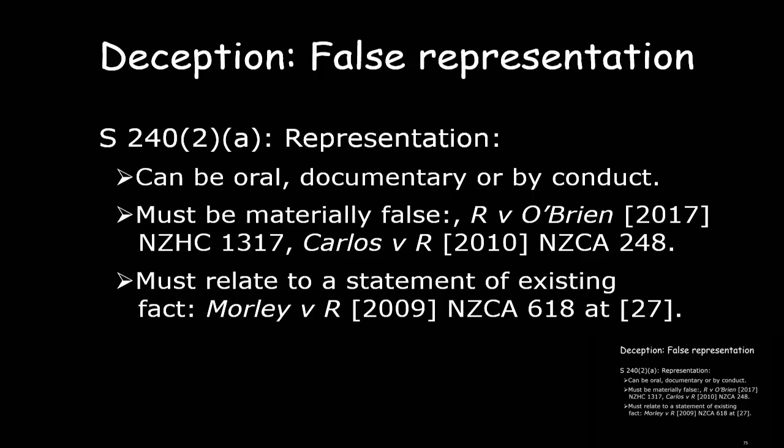Okay, it's got to be false in some way that makes a material difference. And when we talk about what a material difference is, or in a material particular, the court in O'Brien said it's got to be a material particular as something that has made or could make a difference to the victim's decision.